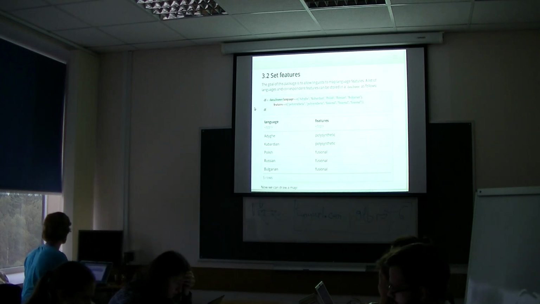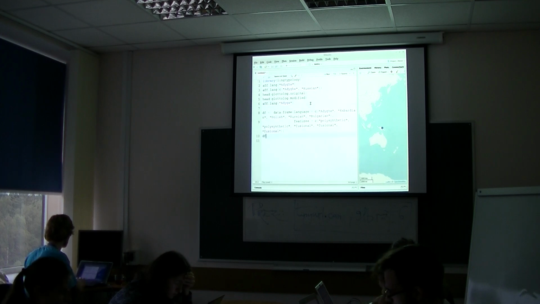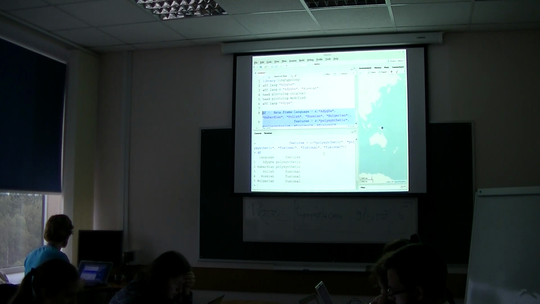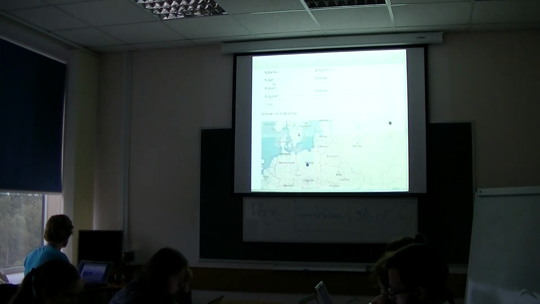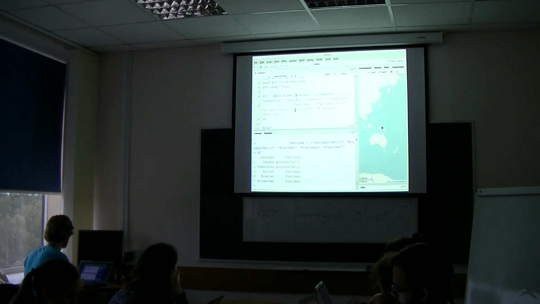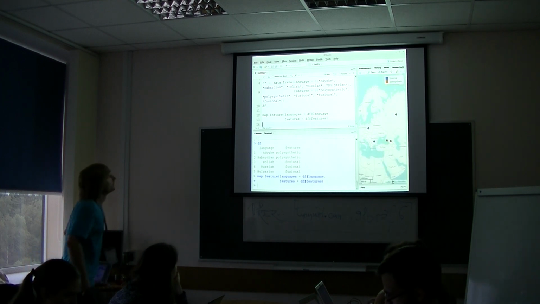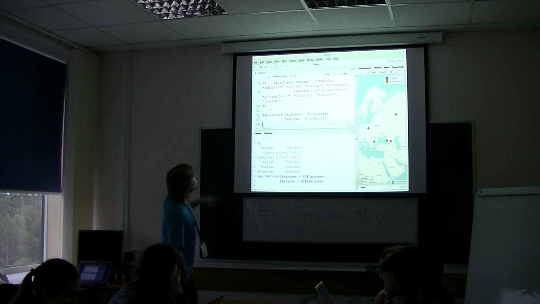How can I use it? First you could just copy and paste this into your R script, and then you could get this map. What is important here?